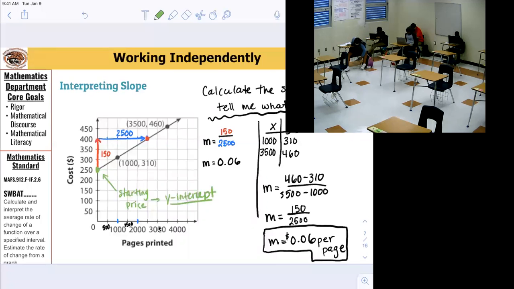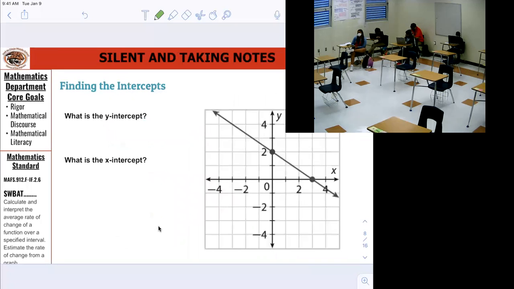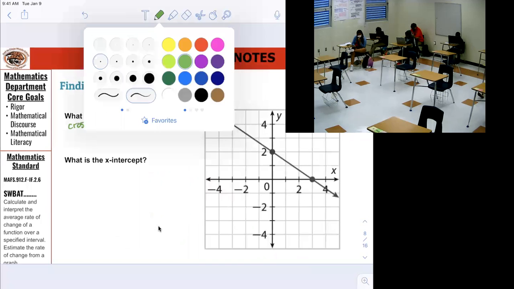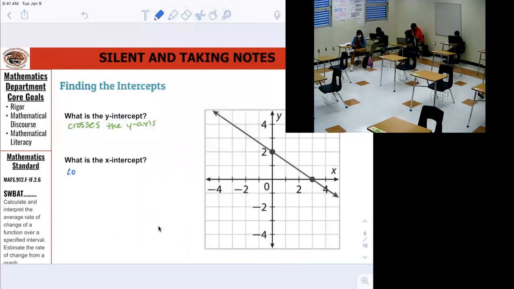We're going to talk about y-intercept and x-intercept now in this next slide. Remember, the y-intercept is the place where it crosses or touches the y-axis, and the x-intercept is the place where it touches or crosses the x-axis.